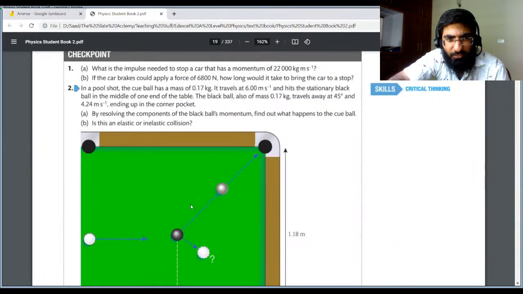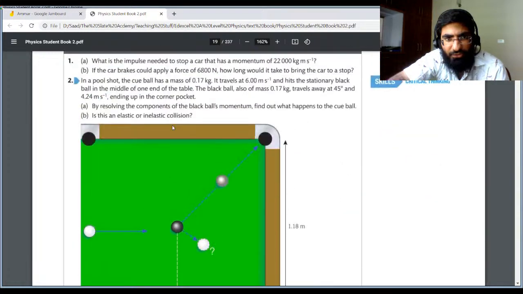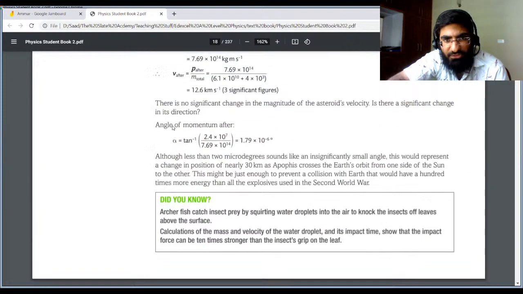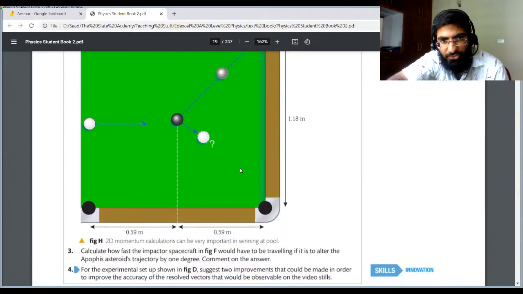Do they tell by how much we have to alter the course? By 1 degree. Here it changes by 1.7 times 10 raised to the power minus 6. If we were to make this alpha, they're saying that you have to redo this question with alpha equal to 1 degree.